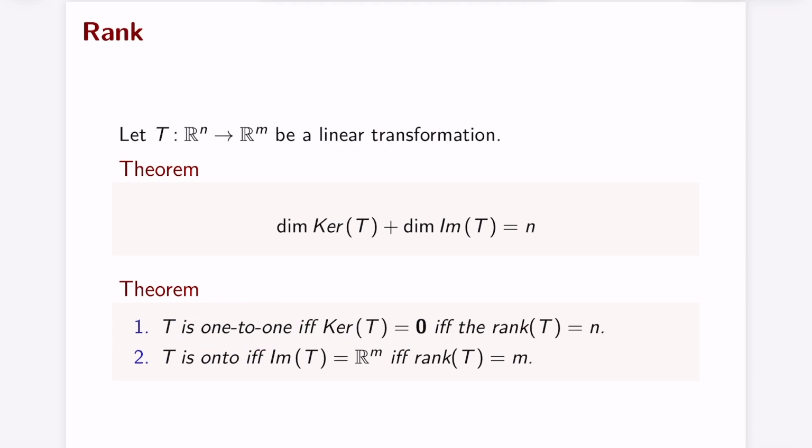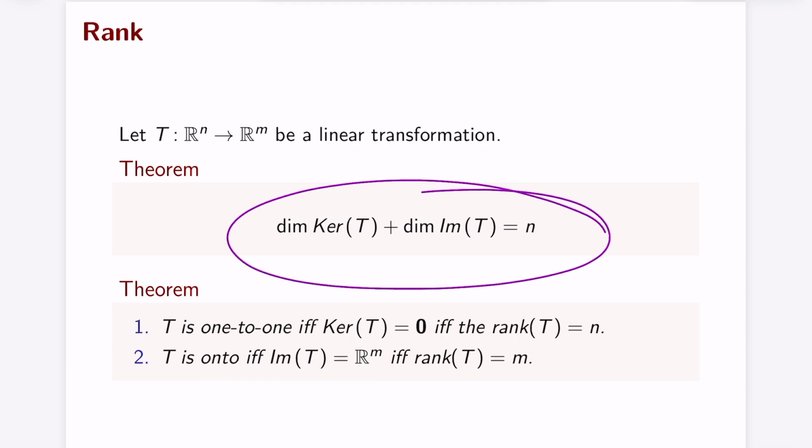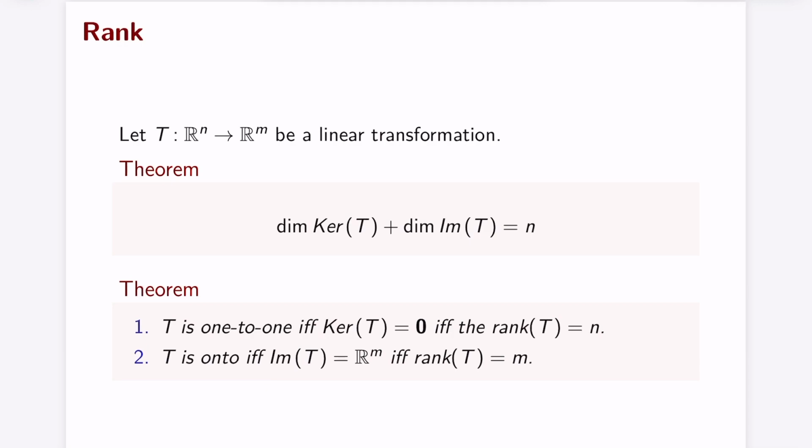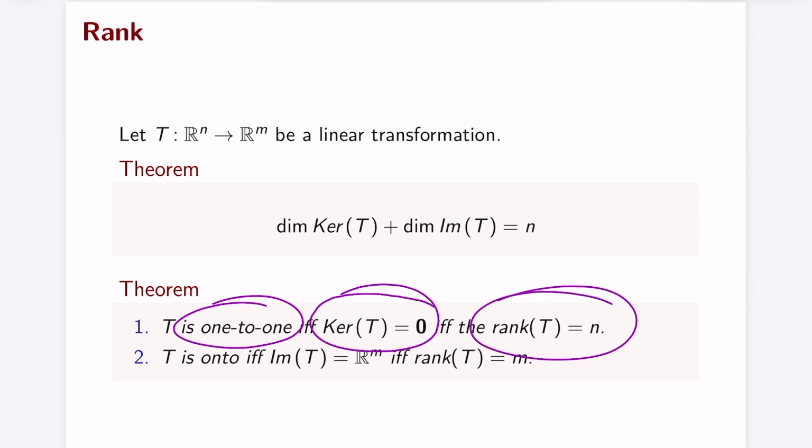And in the same way, the function is surjective if and only if the image of the transformation is the whole codomain. Combined with the relation that we have here, to be injective is the same thing as saying that the kernel is zero, and it's the same thing as saying that the rank of the matrix associated to the transformation is n, which is this dimension here.